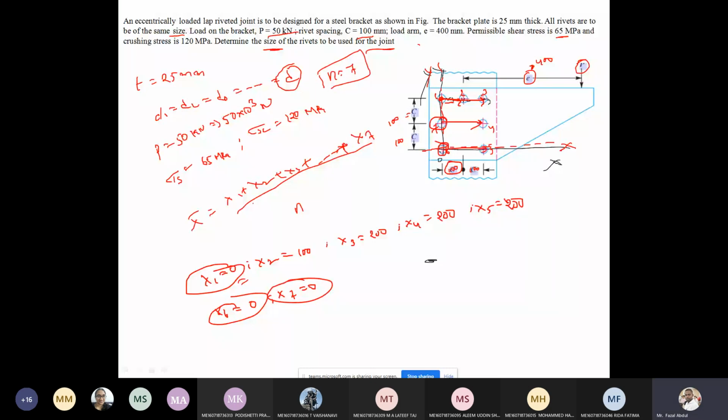How many rivets are there? The number of rivets is 7. So write x bar: x1 is 0, x2 is 100, x3 is 200, x4 200, x5 200, plus x6 is 0, x7 is 0, divided by 7.